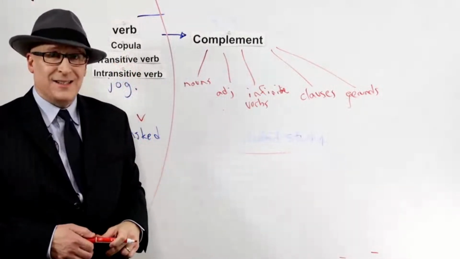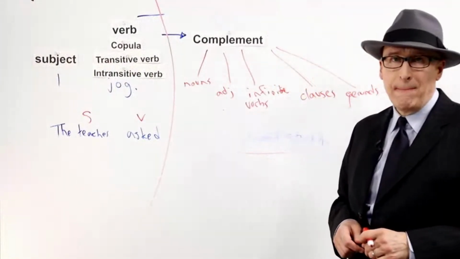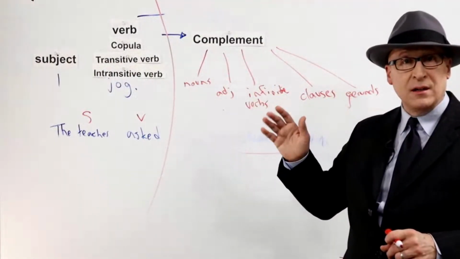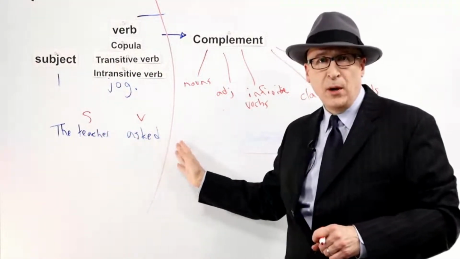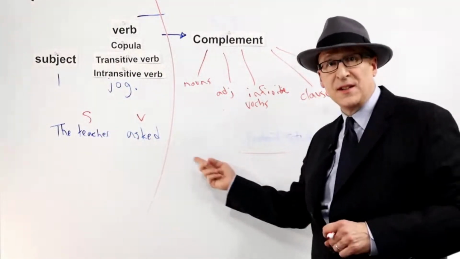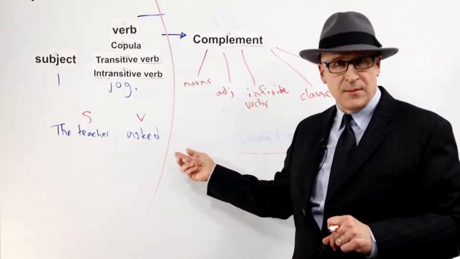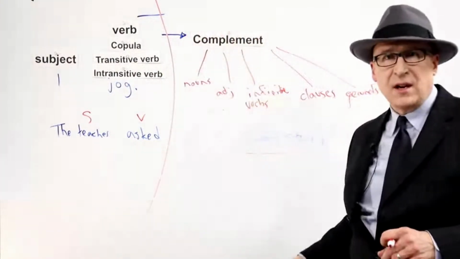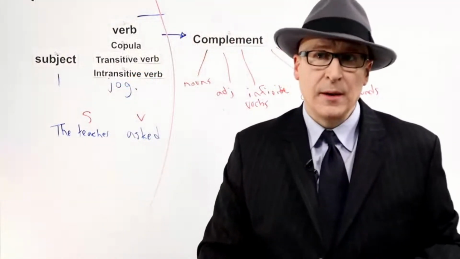Okay? That's it. That's a verb complement. Object complements we saw, right? We said something like the students elected Paul president, and president was an object complement. Finished the meaning of the object. All of this stuff is post-verb, stuff that comes after the verb.